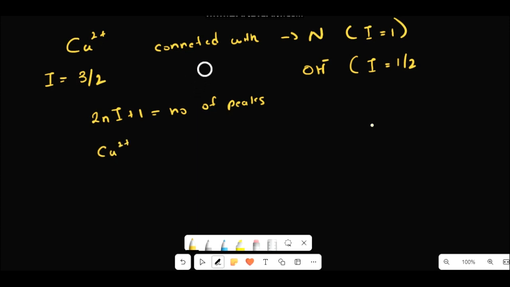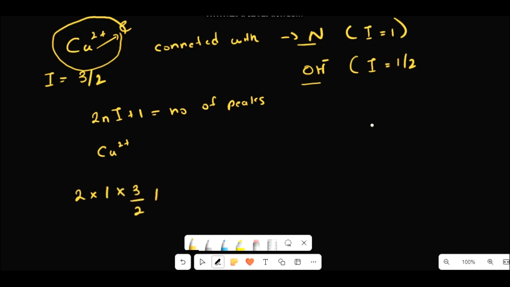Our electron is on the copper ion, so it will interfere with the copper and also with the nitrogen and OH minus. First, for the interference with copper 2 plus, we can use this equation: 2n is 1, since I am considering the copper 2 plus and there is only one nucleus, so 1, I equals 3/2, plus 1.